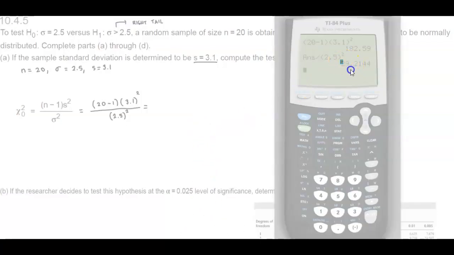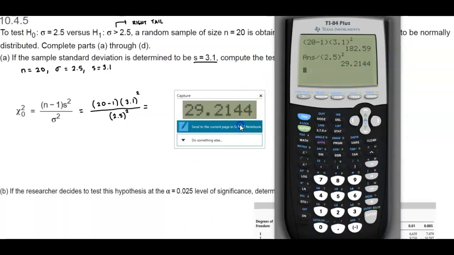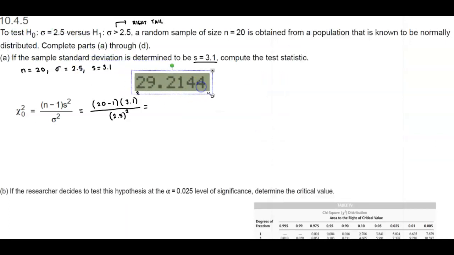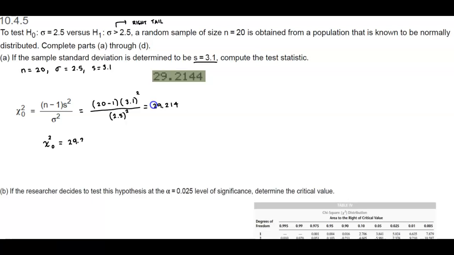Rounding to 3 decimal places gives 29.214. So the test statistic that we get is 29.214.